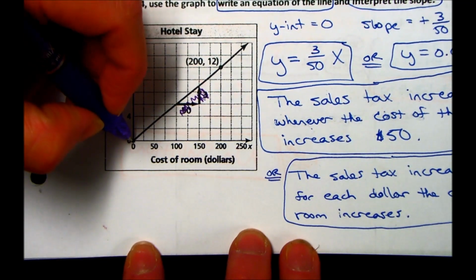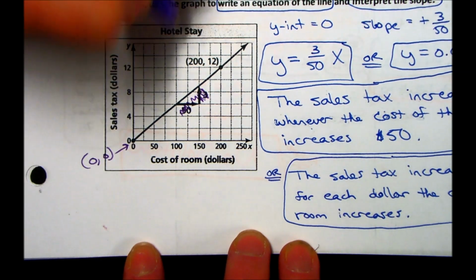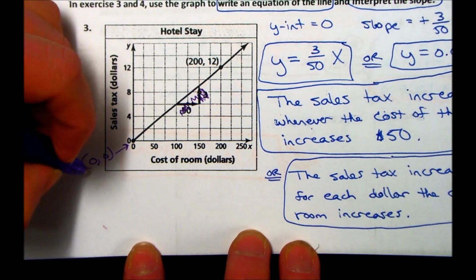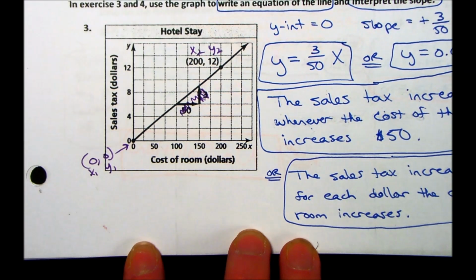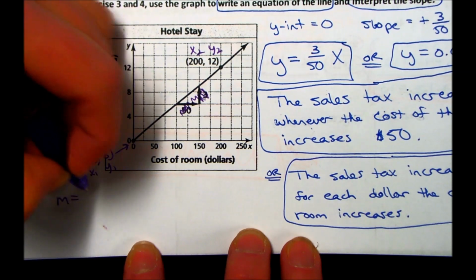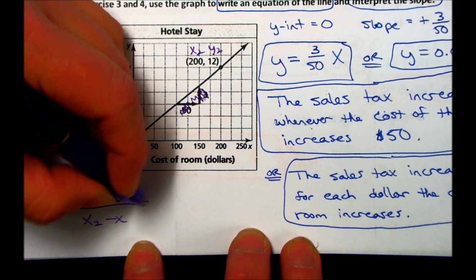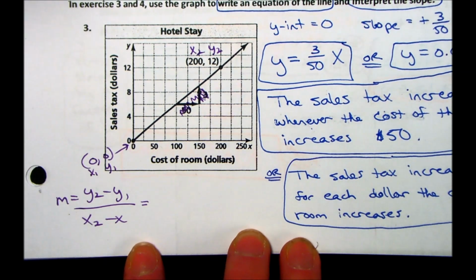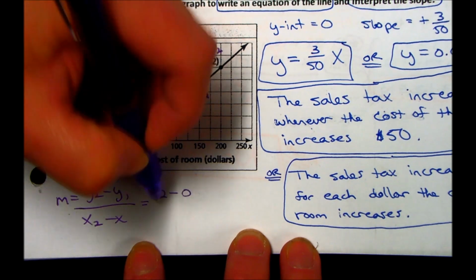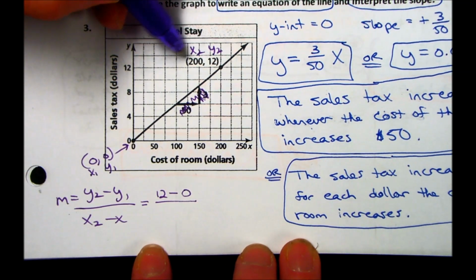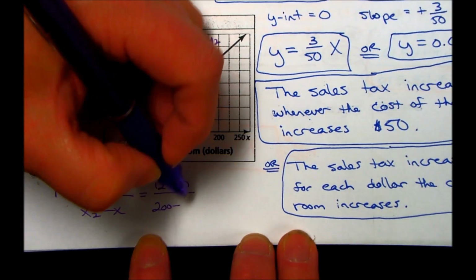So if I have a point at (0, 0), and I have another point at (200, 12), I can label these as x1, y1, x2, y2, and my slope formula, y2 minus y1 over x2 minus x1, would give me 12, which is my y2, minus 0, which is my y1, over 200, which is my x2, minus 0, which is my x1.